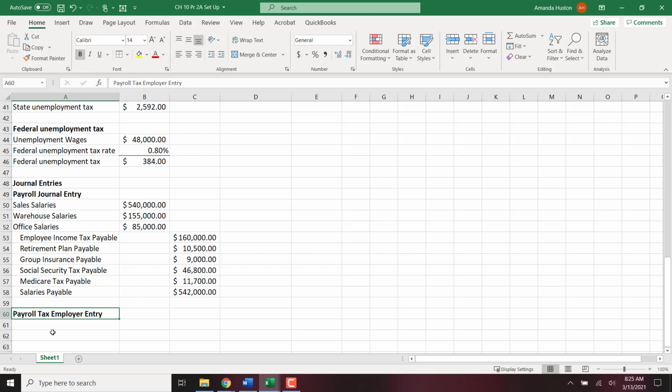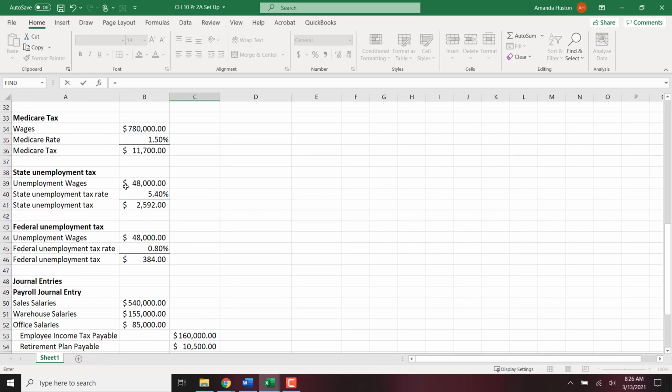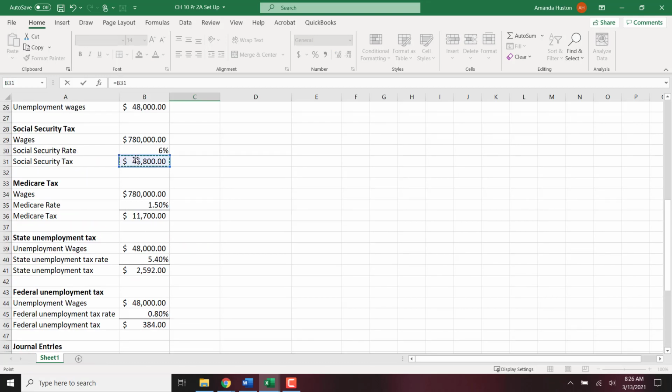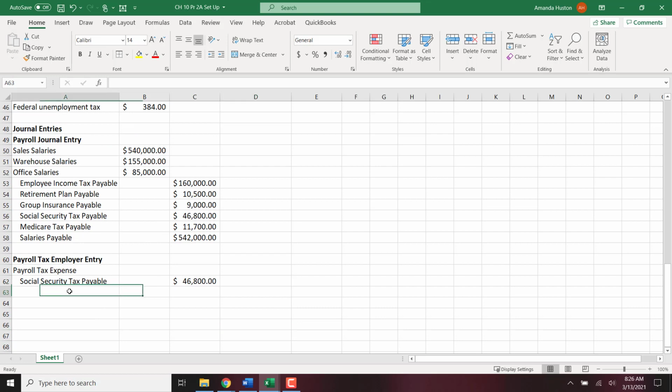All right. So we start with payroll tax expense. This is going to be the total of all the payroll taxes. I usually leave this blank and add it up at the end because I know all the other taxes. So I have Social Security tax payable, which we calculated. This is 6%, which is the same amount that the employee pays. They pay the same.